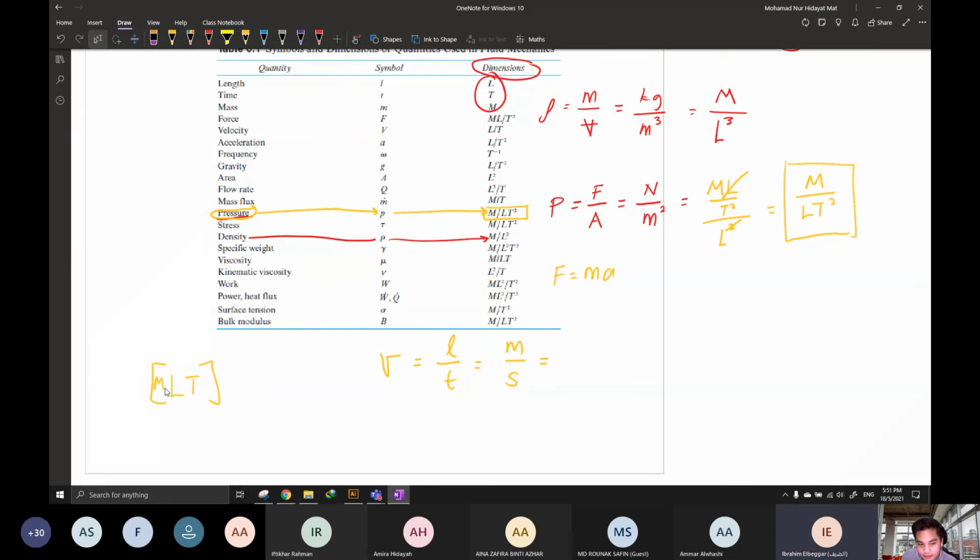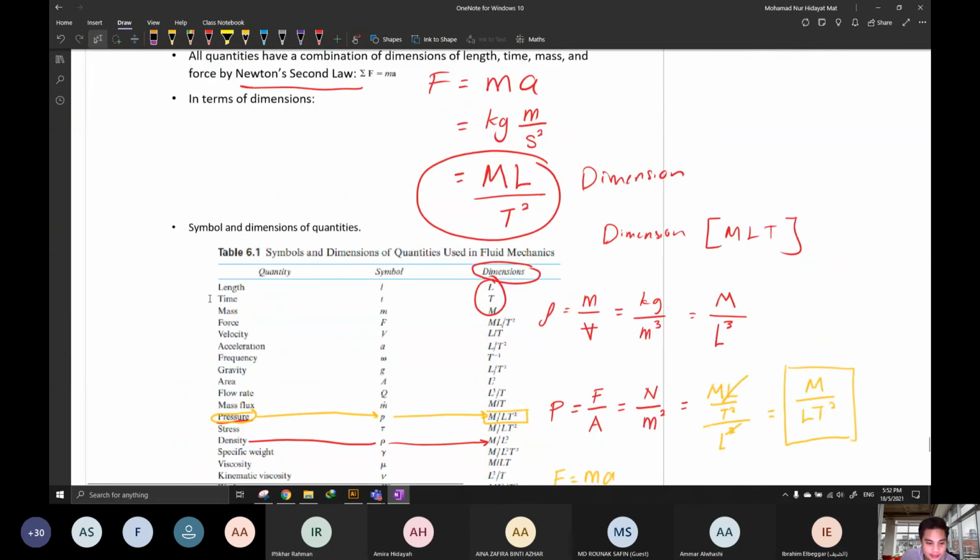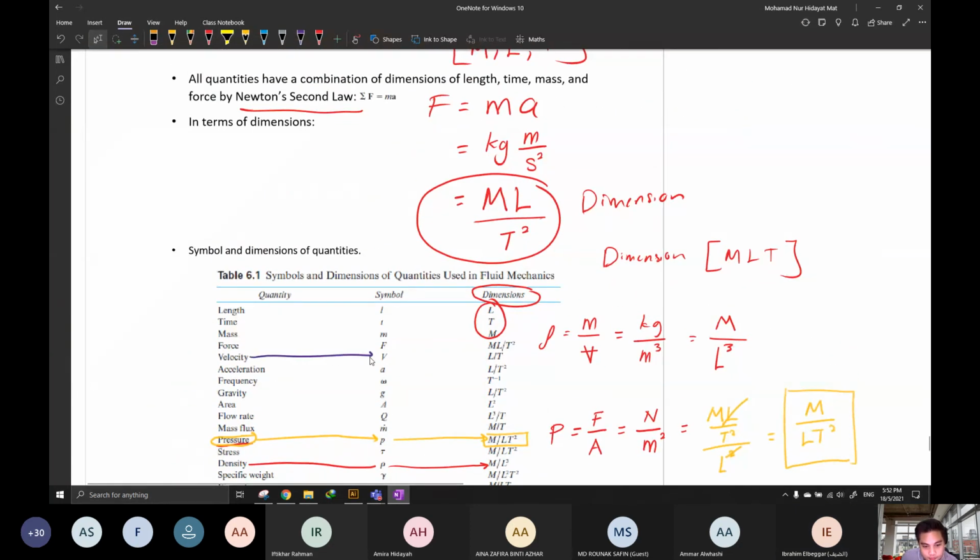MLT system. This is mass, this is length, this is time. For the meter, which one? L. And for the second? Time. Can you see the dimension of velocity is L over T. Okay.